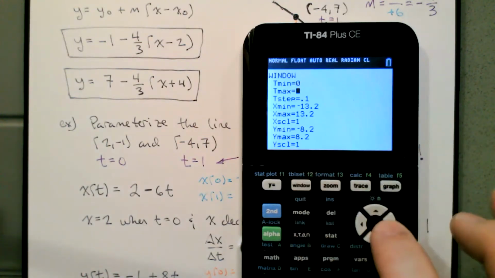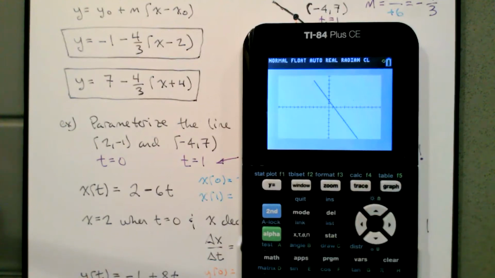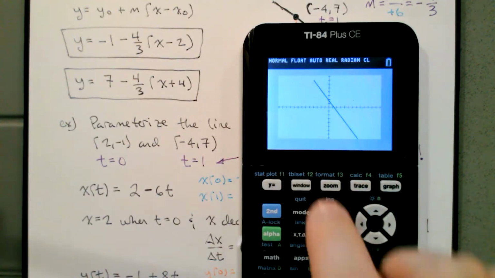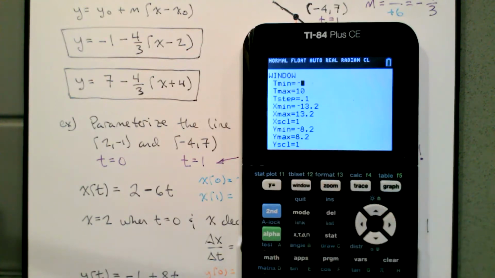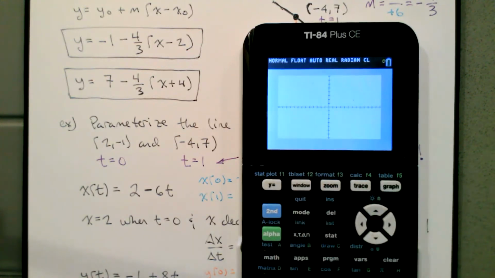If I increase the t max to 10, then it still starts at 0 and goes in that direction. So if I wanted to cover everything, I just start t before it shows up on the screen, to get everything, at least everything on the screen. If we zoom out far enough, we'll still just be looking at a line segment from t equals -10 to t equals 10.